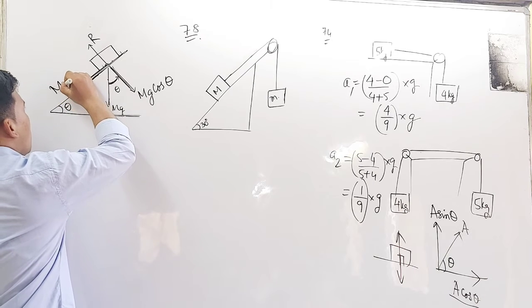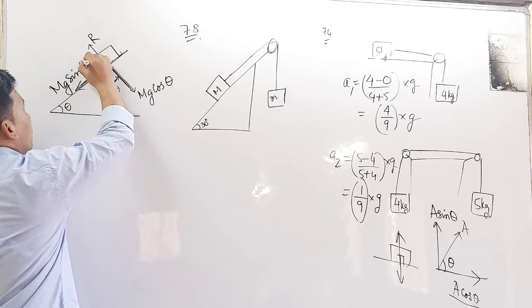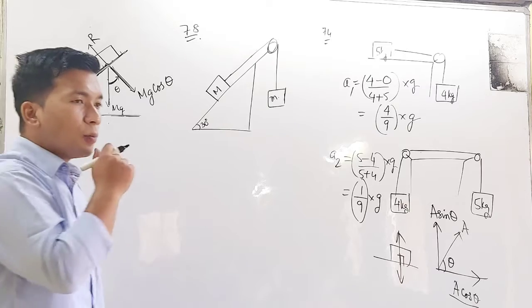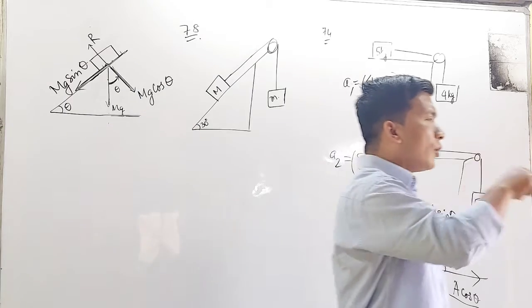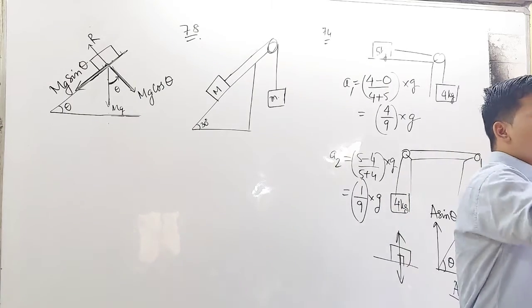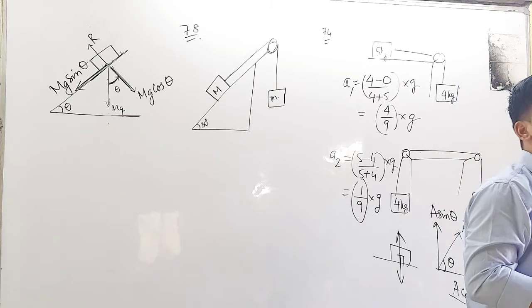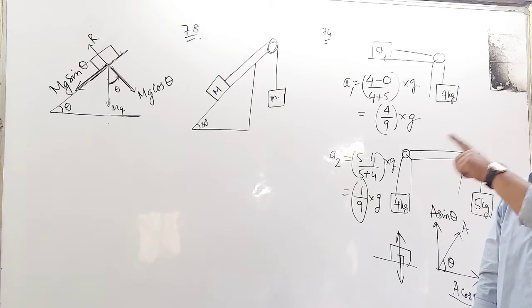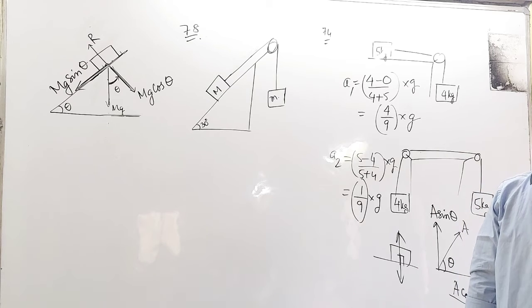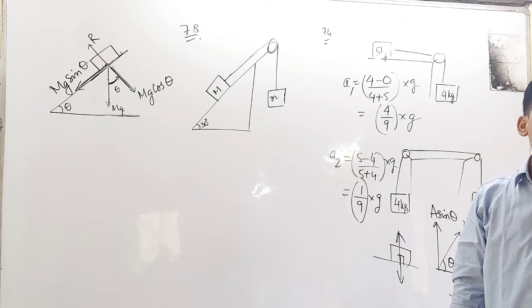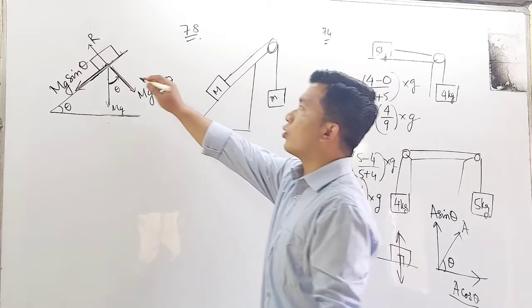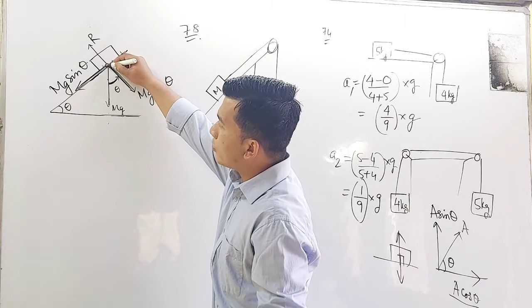Altogether, how many forces are acting on this object lying on this inclined surface? Basically we have two different forces. Number one is the normal reaction, and number two is its own weight.